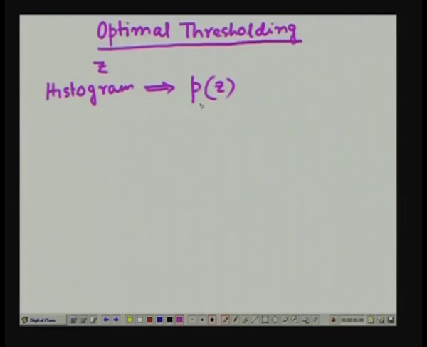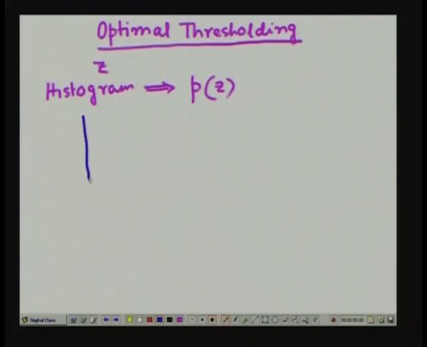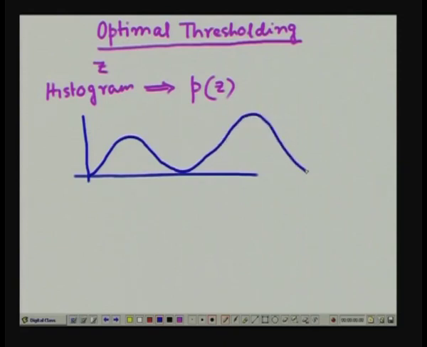Now, as we have assumed that the image contains two major intensity regions, two dominant intensity values, our histogram is likely to be a bimodal histogram. So, the kind of histogram that we will get for this image is a bimodal histogram. It will be something like this. And as we said, we are assuming the histogram to be a probability density function of the intensity variable z.